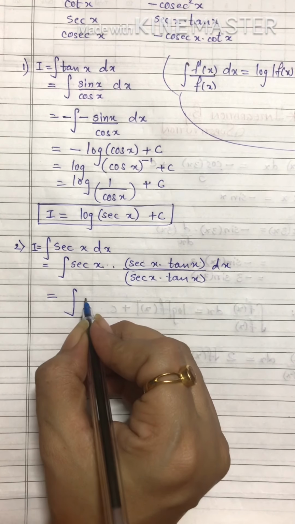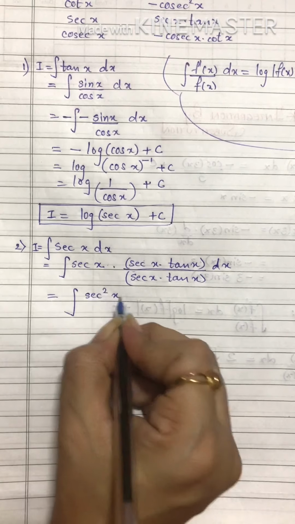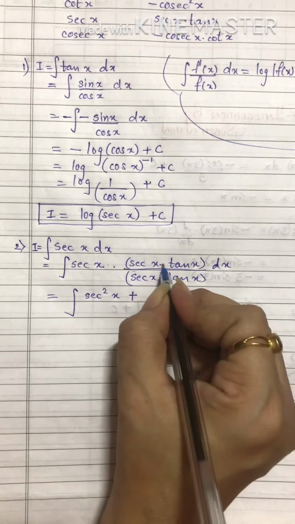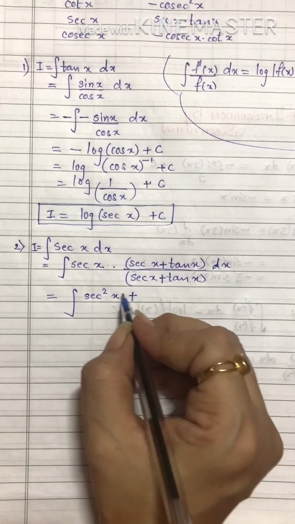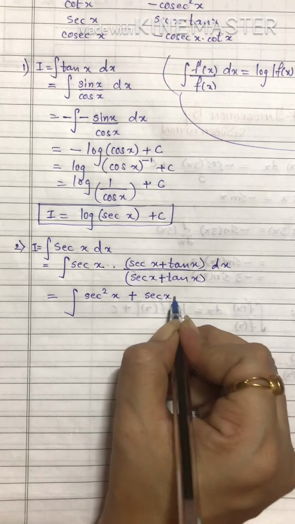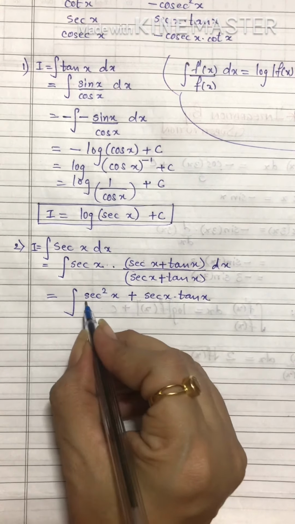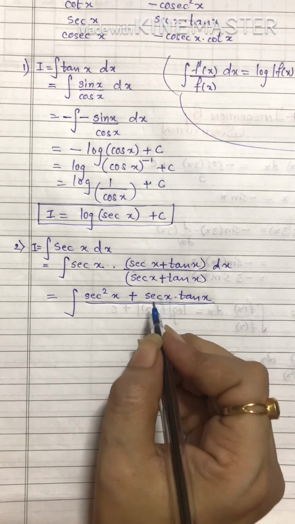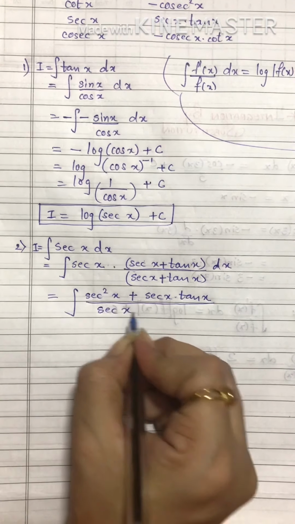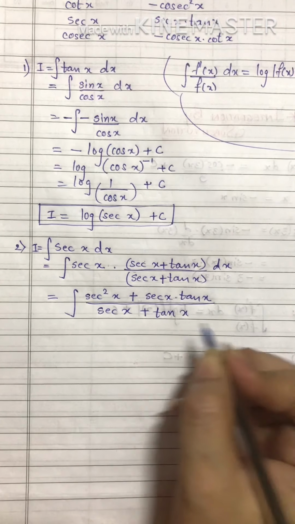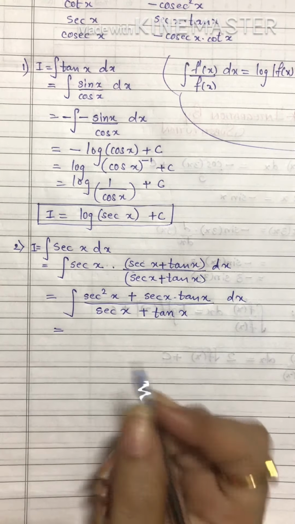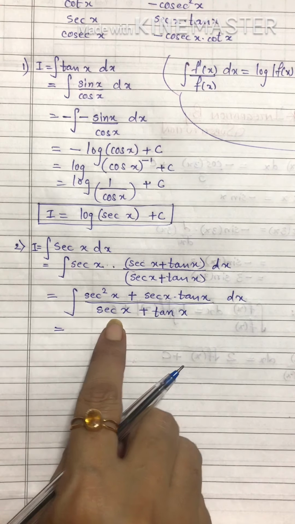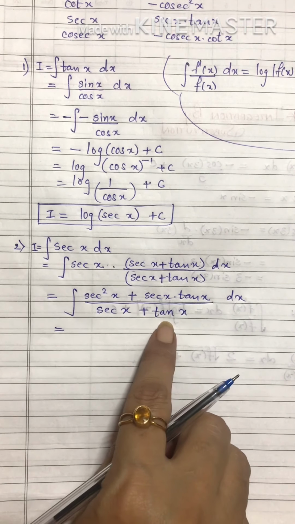We'll take this inside. We get sec square x plus sec x into tan x upon sec x plus tan x. Now when you try to find the derivative of this denominator, d by dx of sec x will be sec x into tan x, plus d by dx of tan x will be sec square x.